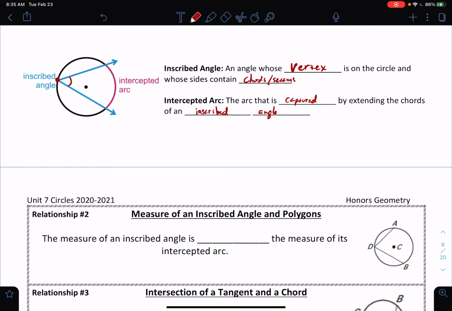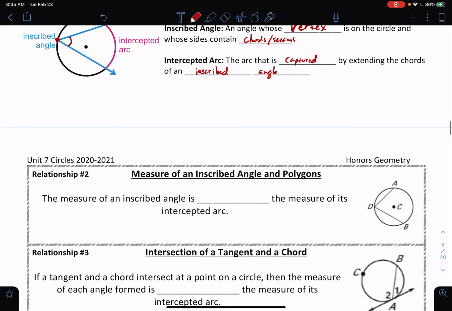There's going to be a relationship between the inscribed angle and the intercepted arc, and that relationship is that the measure of the inscribed angle is half the measure of its intercepted arc.